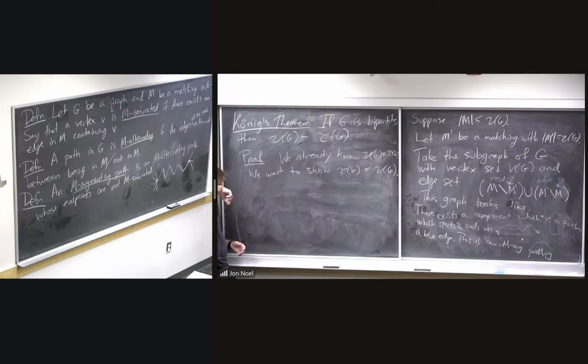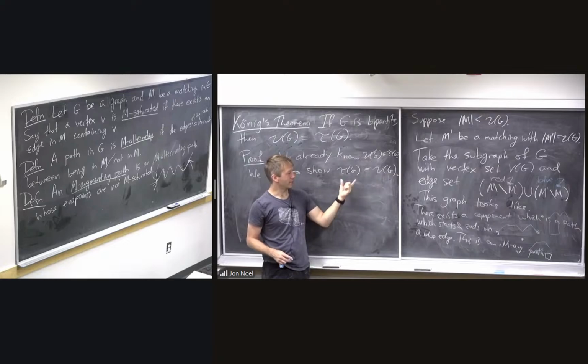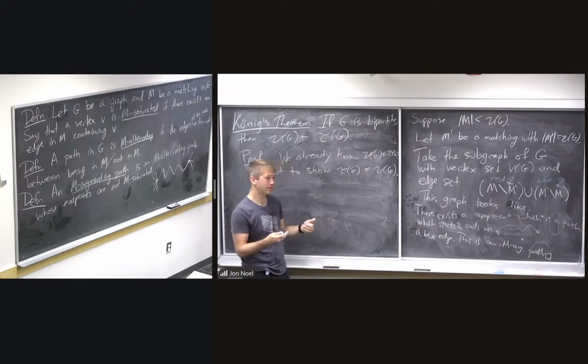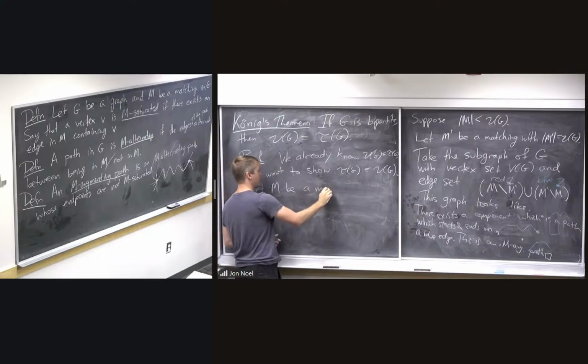What I'm going to do is pick a maximum matching. And then I'm going to show that I can find a vertex cover of cardinality at most the size of the matching. So let M be a maximum matching.